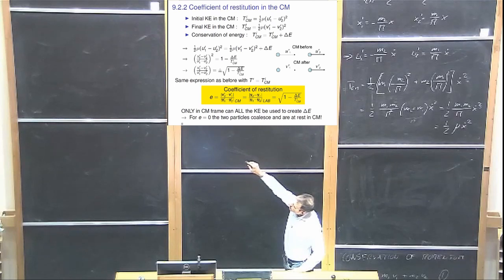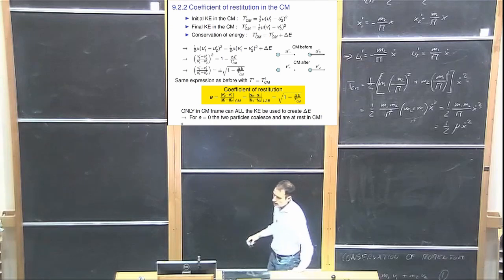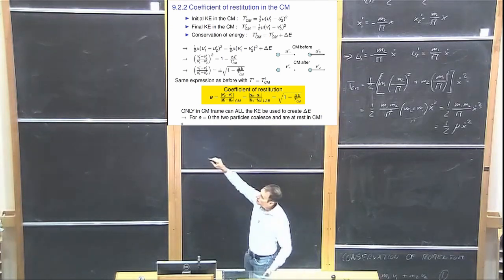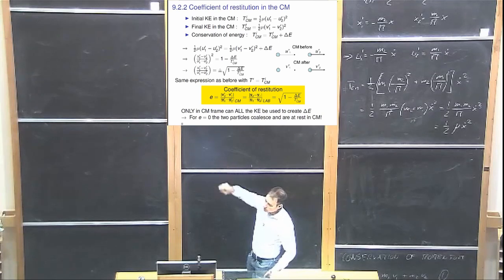Now, if you divide this by T initial, you end up with this term. T initial over itself is 1. You move that over, and you're left with this term, v1 prime minus v2 prime squared divided by u1 prime minus u2 prime squared. You take the square root. Sorry, you have to be careful here with the signs. You need ideally the absolute signs, and then you can also fix the square root sign to the positive.